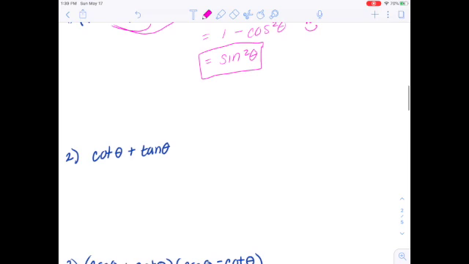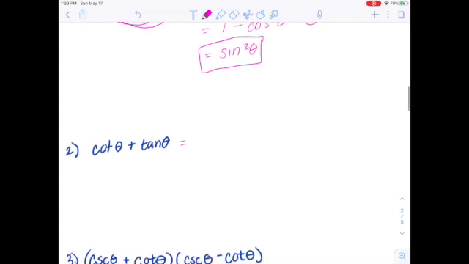Moving on to number 2, we've got cotangent of theta plus tangent of theta. For this one, I look at it and think maybe I should just switch everything to cosine and sine, so we're all in the same kind of thinking. Maybe things will drop out. So you've got cotangent is cosine of theta divided by sine of theta plus sine theta over cosine of theta.